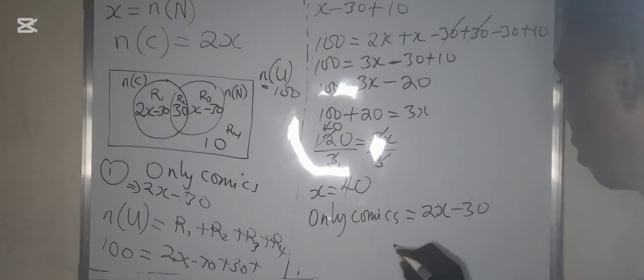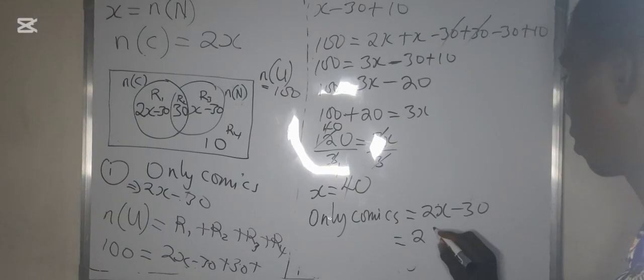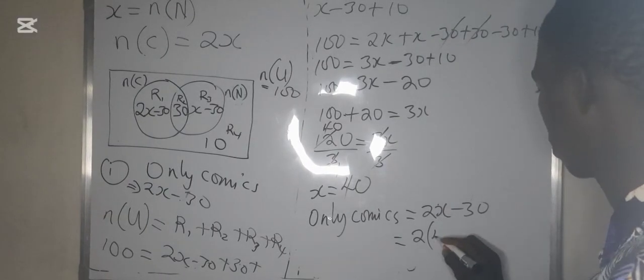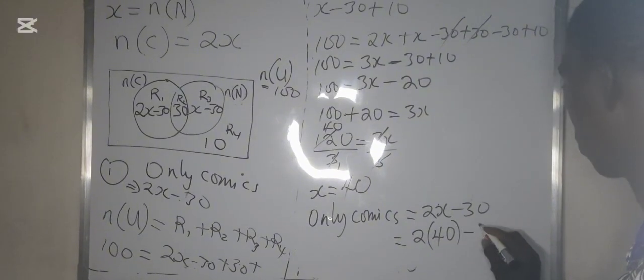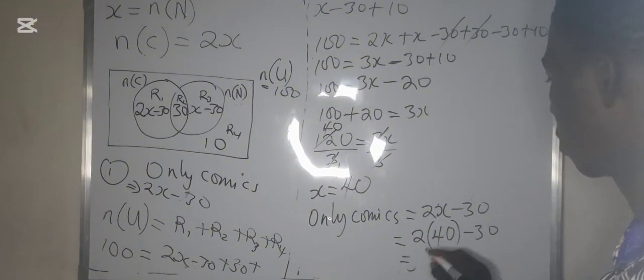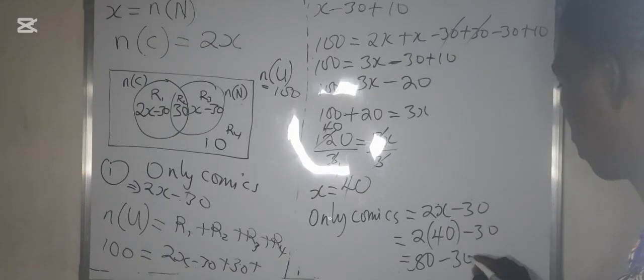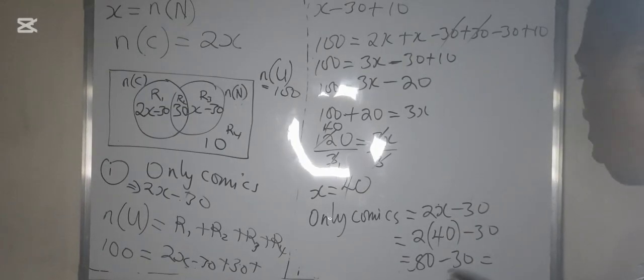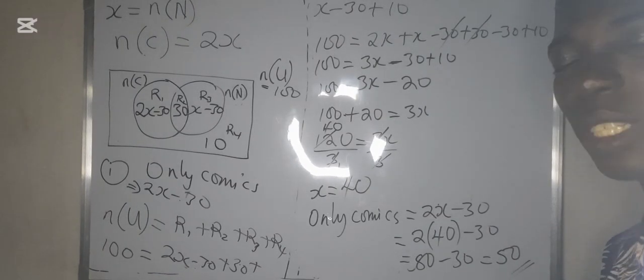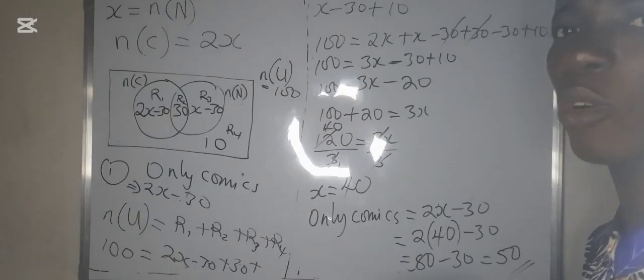X is 40. That is 2 times 40 minus 30. 2 times 40 gives us 80, and 80 minus 30 gives us 50. So we now have 50 students who read only comics.